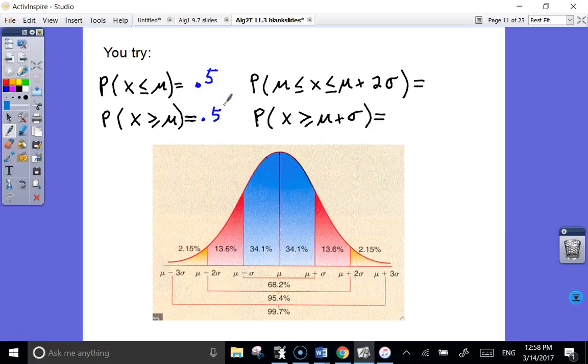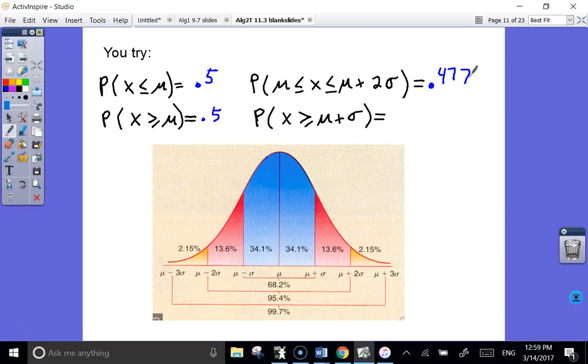Okay, on the last slide, we did the probability of being between 2 standard deviations to the left and the mean, right? That was 0.477. So this one is saying what's the probability of being between the mean and 2 to the right? Same thing, right? You're adding up the same numbers. Easy stuff.